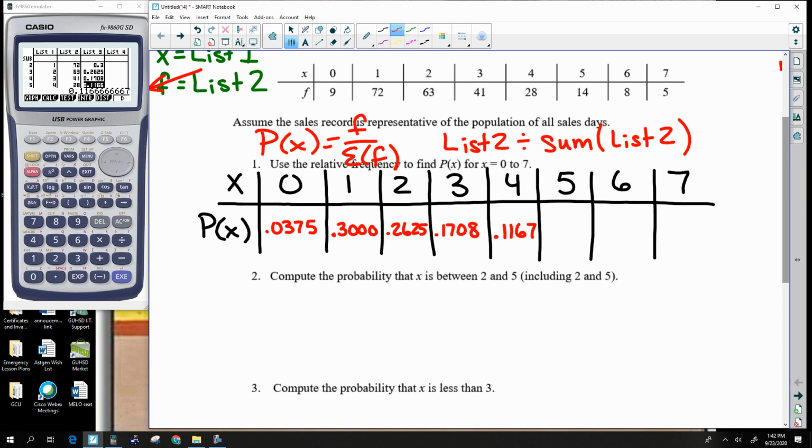That's 0.1167. All right, so those are the individual probabilities of getting 0, 1, 2, 3, 4, 5, 6, or 7.